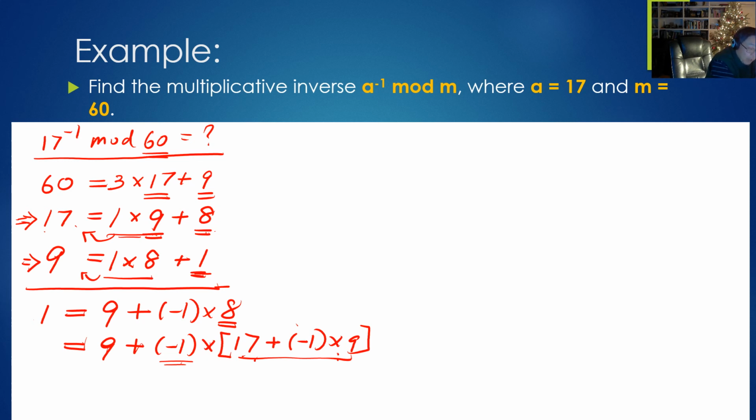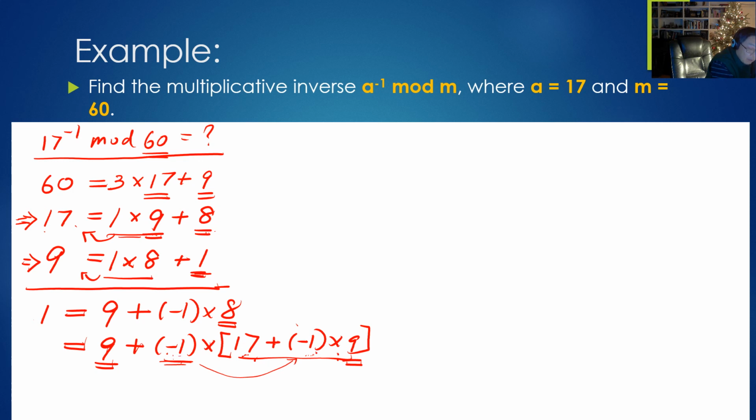So when you do this, here's a 9 and here's another 9, so you can combine these two, right? So when I multiply -1 into the parentheses, -1 times -1, that's 1, right?